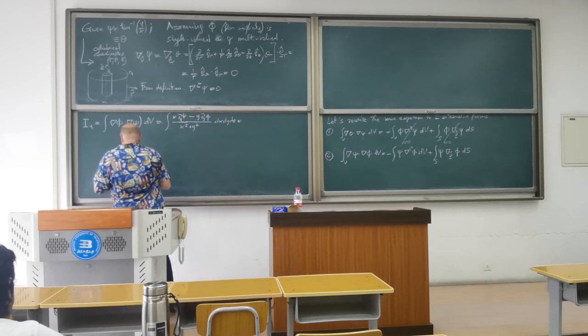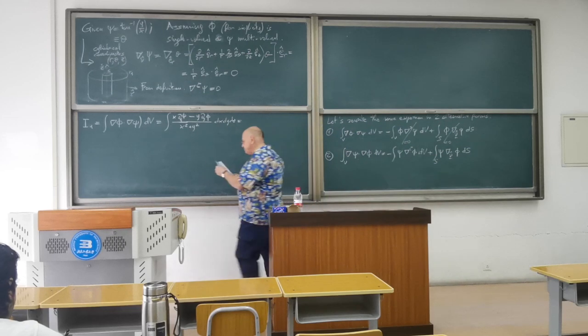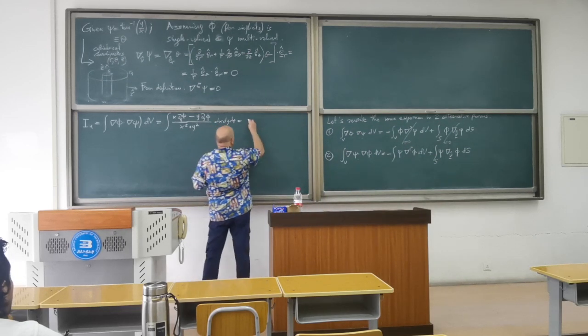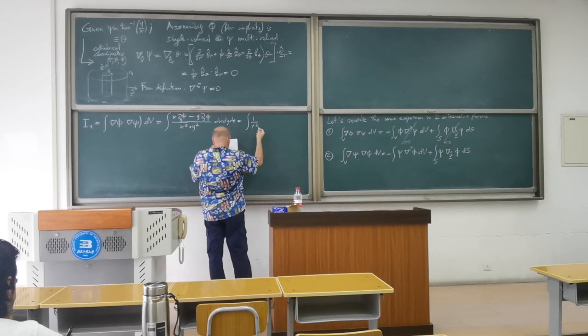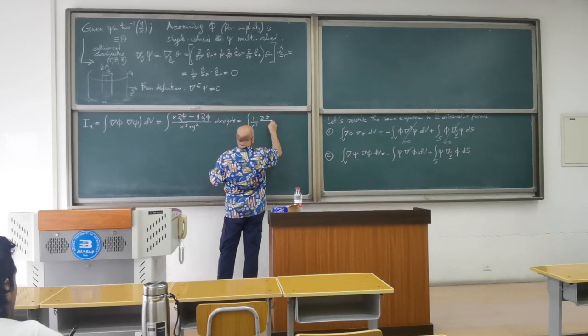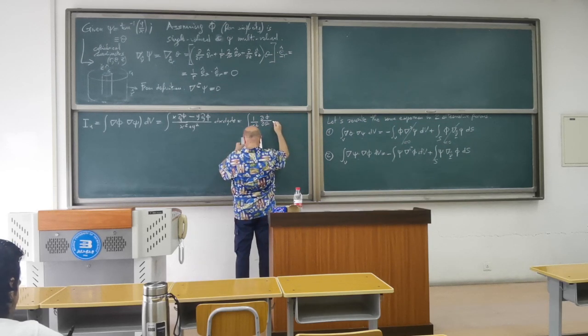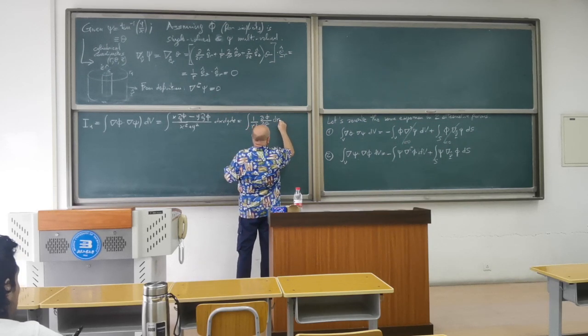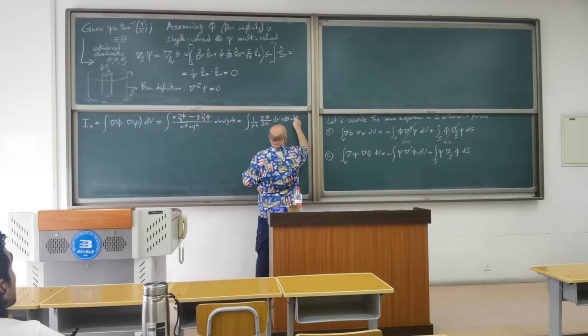Going back to cylindrical coordinates, that becomes the integral of 1 over r squared, you do your computation, d phi d theta, in r dr d theta dz.